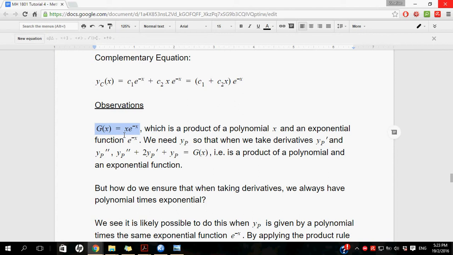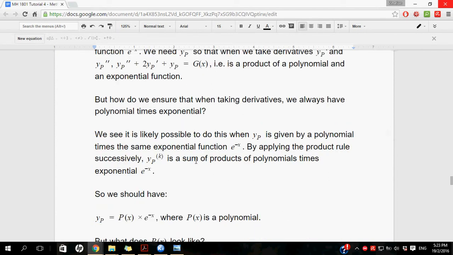This is going to be done by means of taking yp to be given by a polynomial times the same exponential function e to the minus x. If we do have a polynomial times just such an exponential function, and we apply the product rule for differentiation, say k times, then what we will get at the end of our process is a sum of terms where each term is a polynomial times the same exponential function.